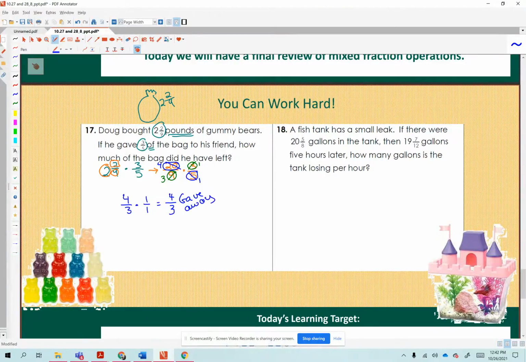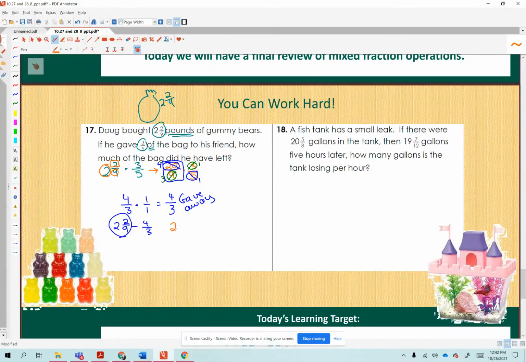Now I need to find out how much Doug had left. So I need to take the 2 and 2/9 and subtract the 4/3. So I will rewrite the 2 and 2/9 as an improper fraction, which I know up here is 20/9.